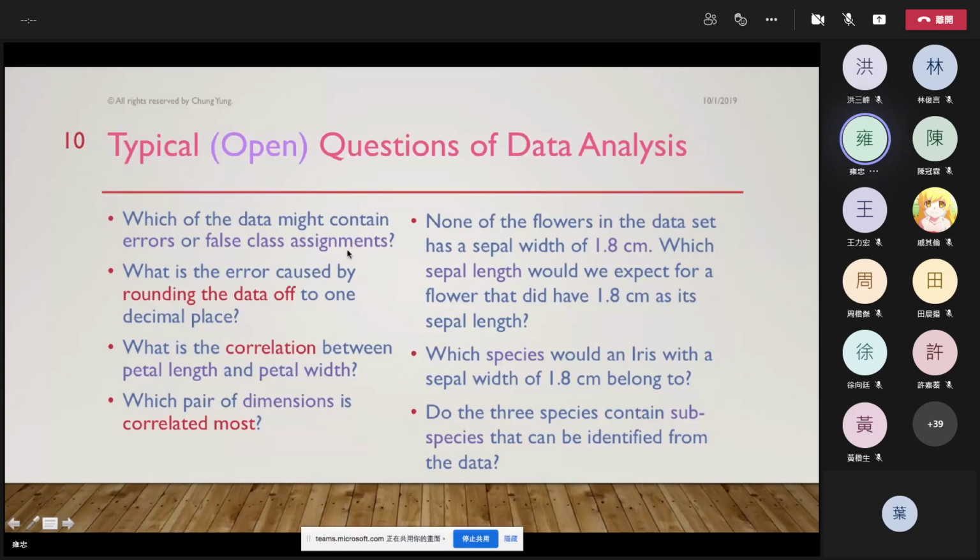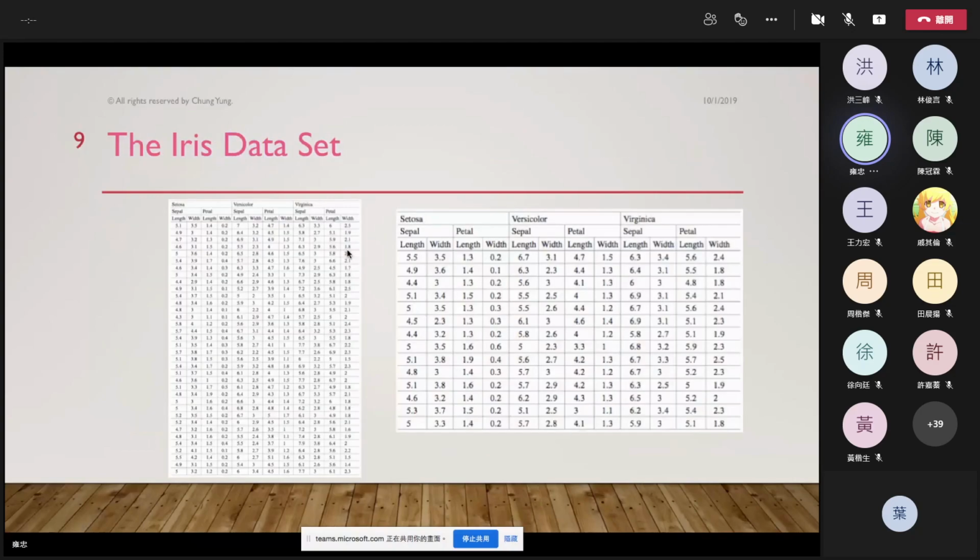Which is the error caused by rounding data off to 1 decimal place? As you can see, these data are numbers rounded to the first place after the decimal point.